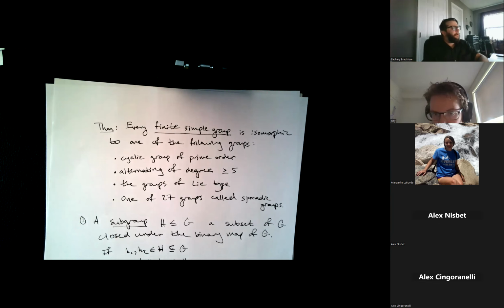If you are in an abelian group, the one that commutes, so g times h is the same thing as h times g, then I believe you are built out of cyclic groups of prime order. But if it's not abelian, then it could easily be one of these other things.